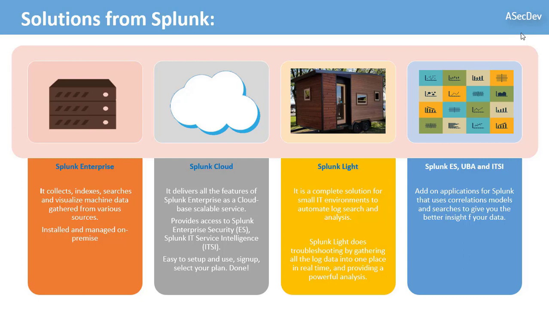The last is Splunk Premium apps, that is Splunk ES, Splunk UBA, Splunk ITSI, and you do have other apps by Splunk as well. These are add-ons or applications for Splunk that use correlation models and searches to give you better insight into your data. When I say Splunk ES, it means Splunk Enterprise Security, UBA stands for User Behavior Analytics, and ITSI is IT Service Intelligence.